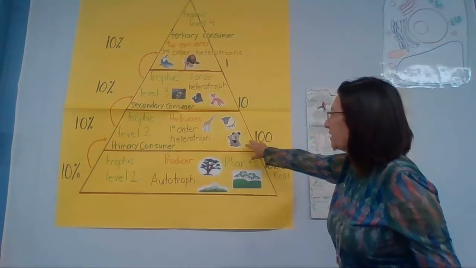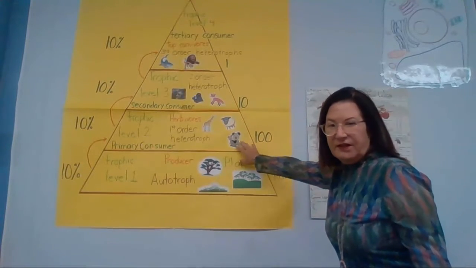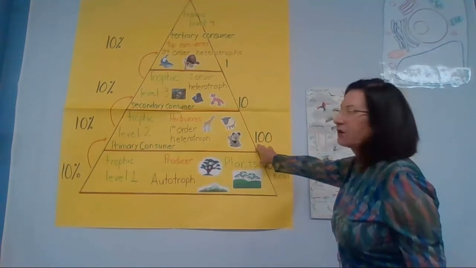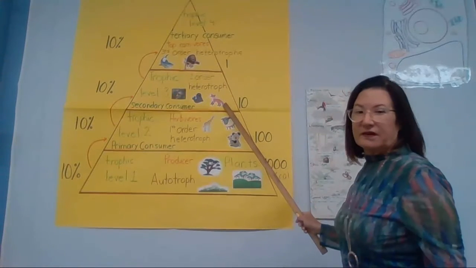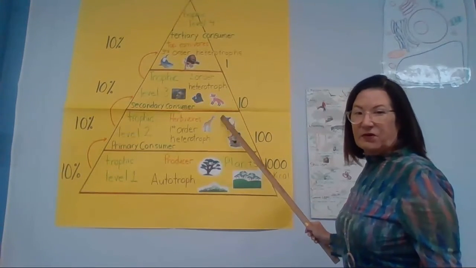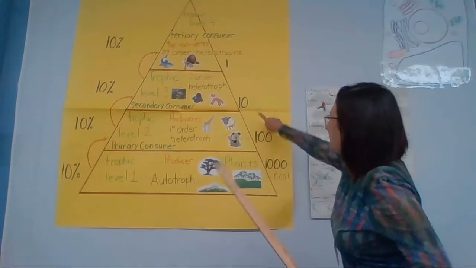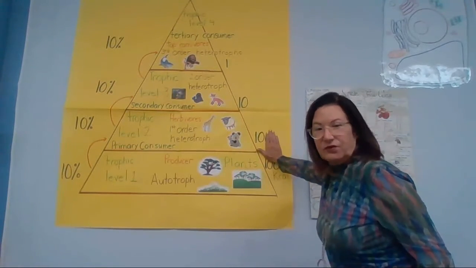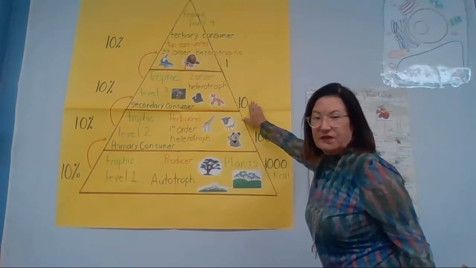Okay, so now we're here with the primary consumers, and they got 100 kilocalories. Now, when these guys here eat them, they're only getting 10% of this. So again, notice how I either lose a 0 or the last number. So now I have 10%.